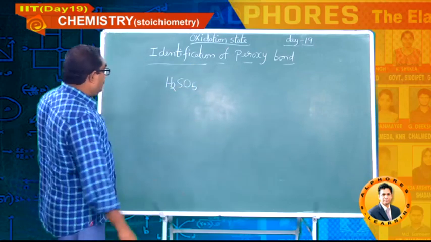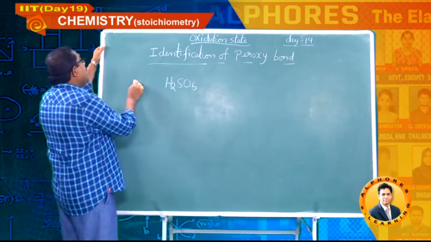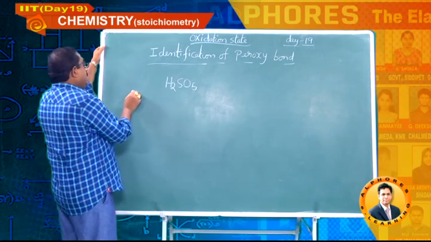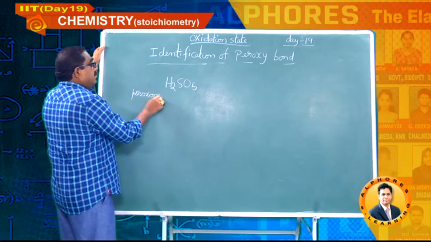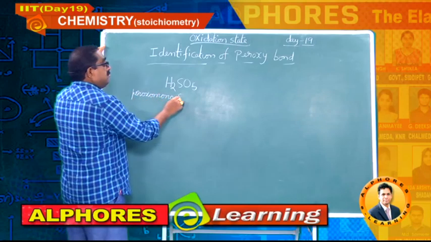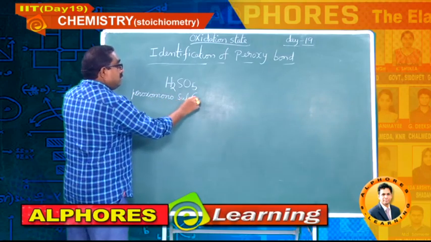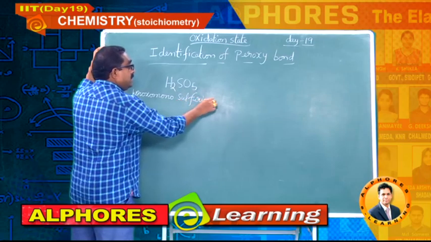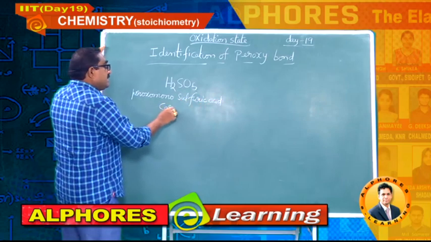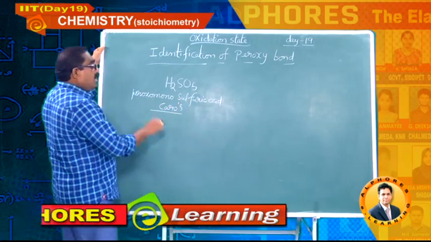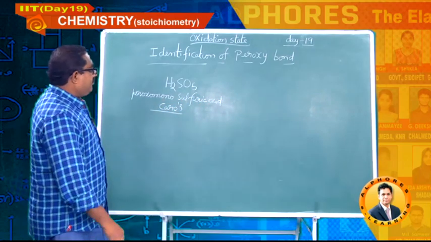H2SO5, the name of this acid is peroxomonosulfuric acid, or simply permonosulfuric acid, named after a scientist Caro. So it is also called Caro's acid.